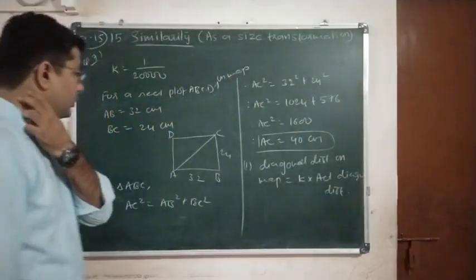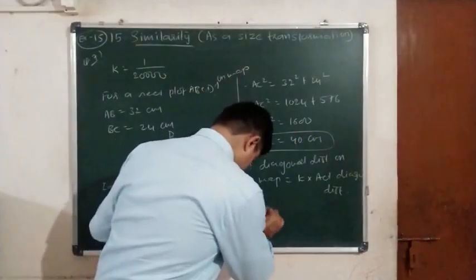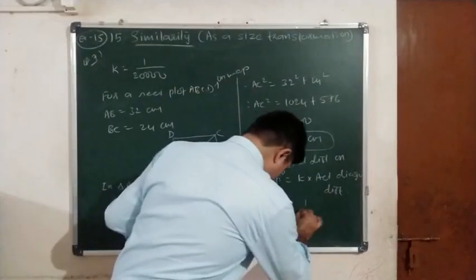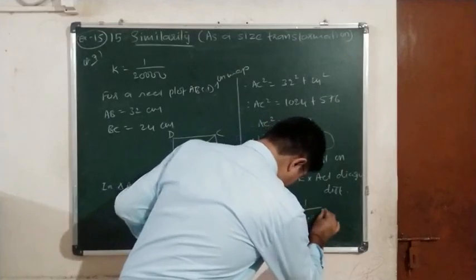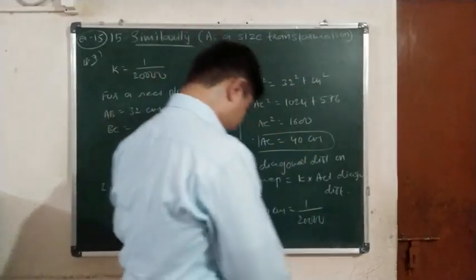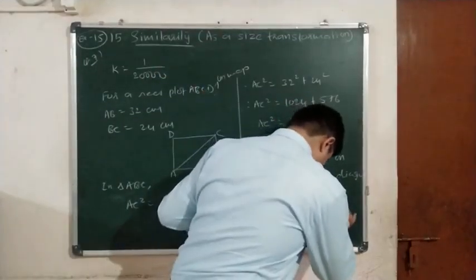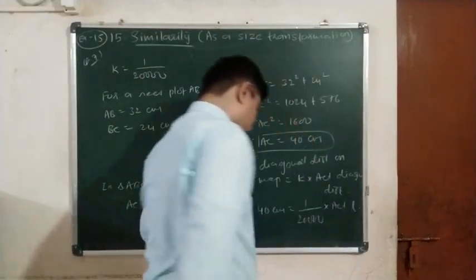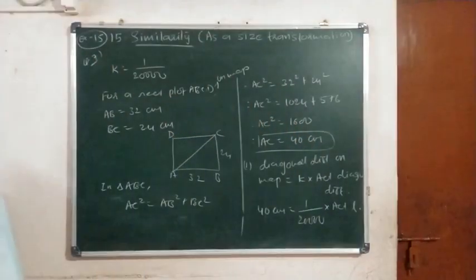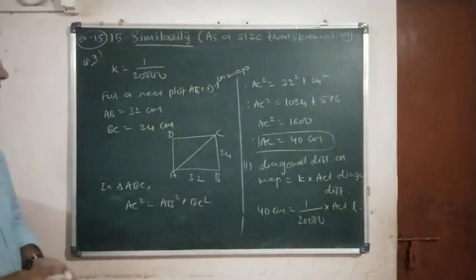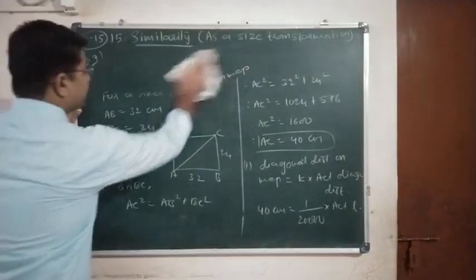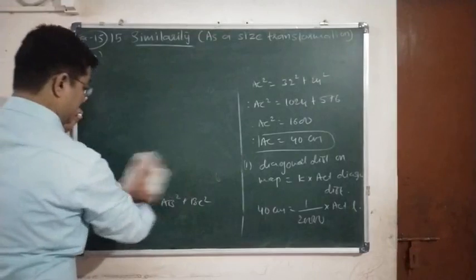So on map we have 40 centimeter is equal to 1 upon 20,000 multiplied by actual length of diagonal on plot. Clear? So further steps we'll do on left side.